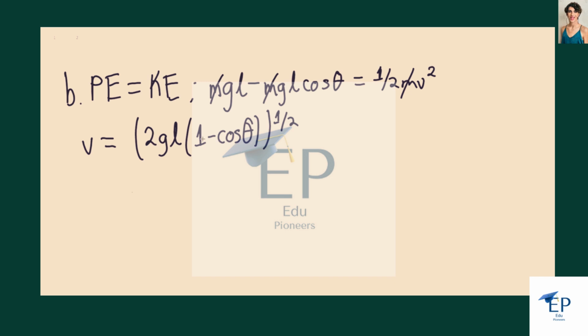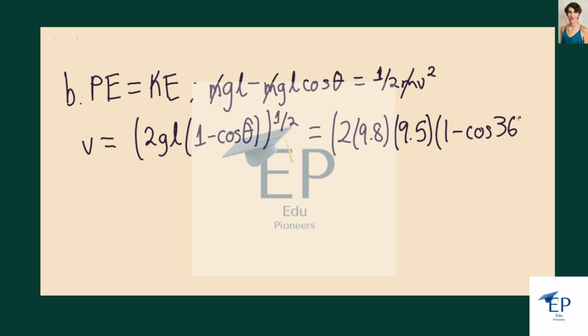And essentially, at this point, we can solve and say that v equals 2 times 9.8 meters per second squared times 9.5 meters, the original length, 1 minus cosine of 36 degrees, all to the 1/2 power.